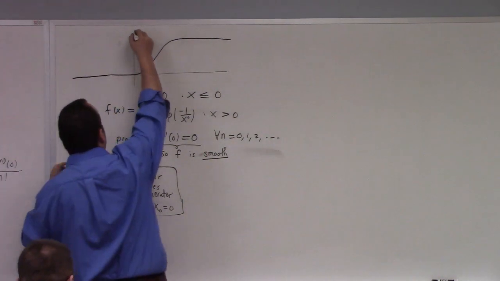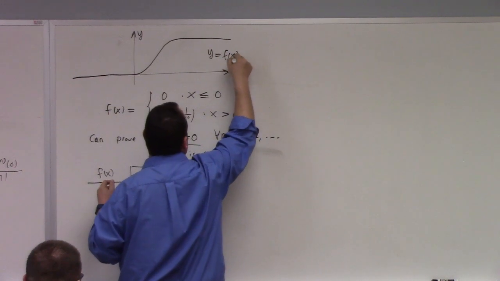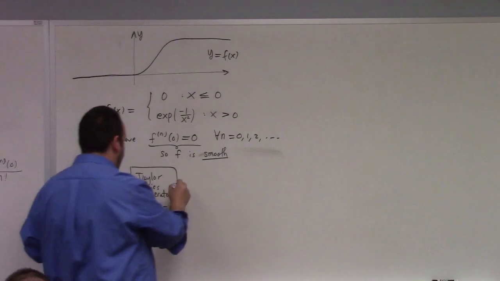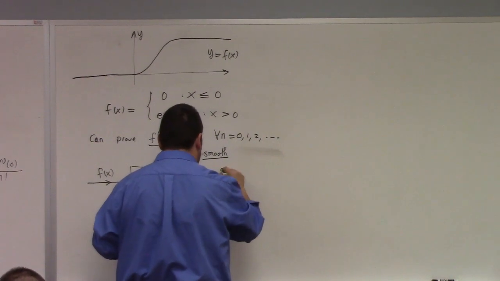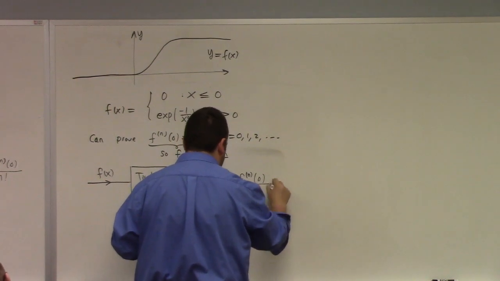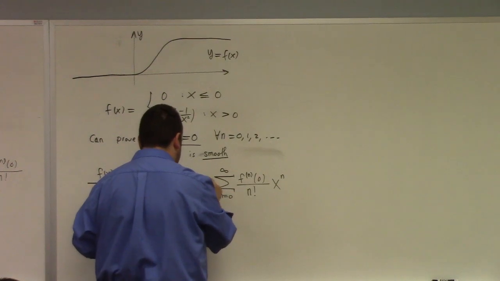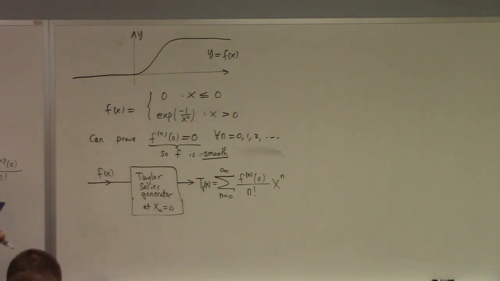So if we have a smooth function, we can calculate the Taylor series of it. What is the Taylor series? Output is the sum n equals 0 to infinity, the nth derivative of f at 0 divided by n factorial times x to the n. This is the Taylor series for f at x. I'm calling that T sub f of x for Taylor series of f.